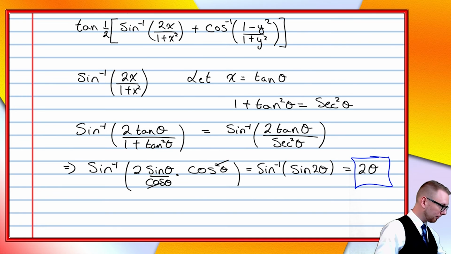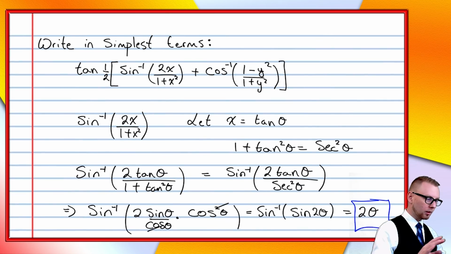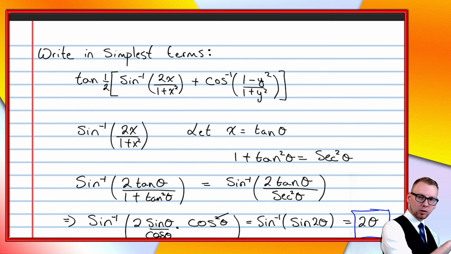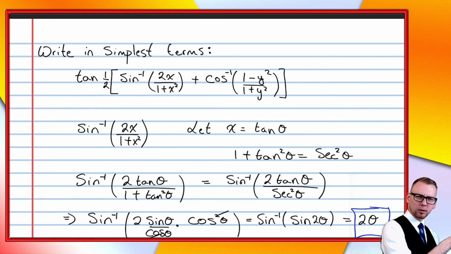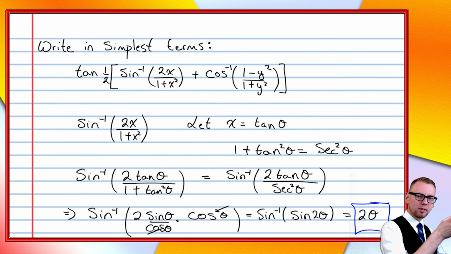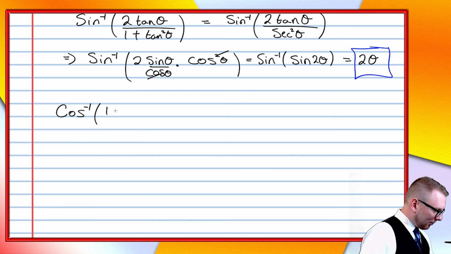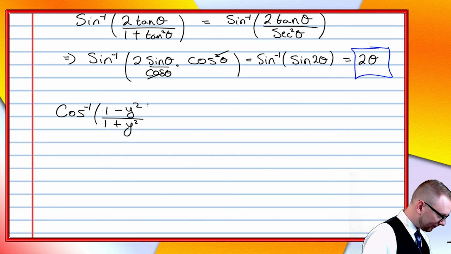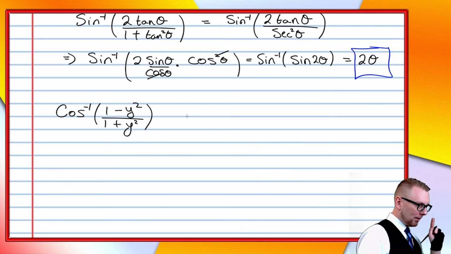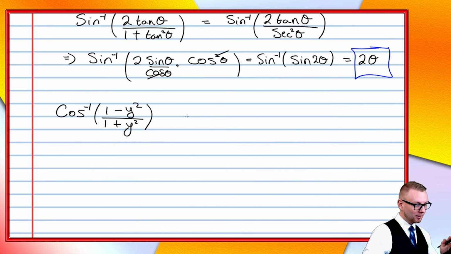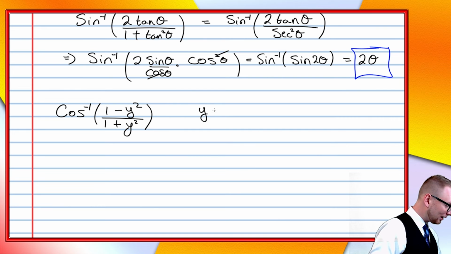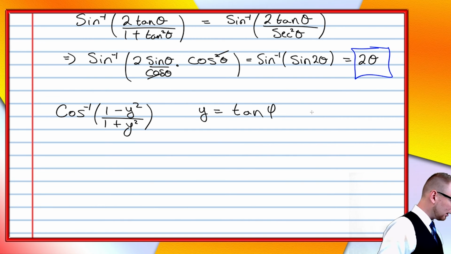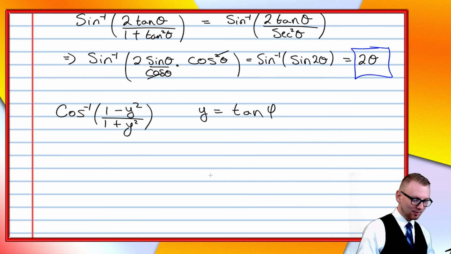Okay. Let's work on the cosine one. So the cosine inverse of 1 minus y squared over 1 plus y squared. Let's do it again. We're going to let y equal to tan of phi. A good one.